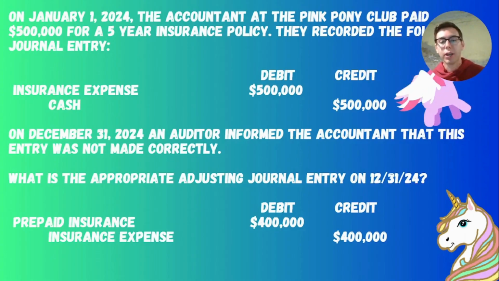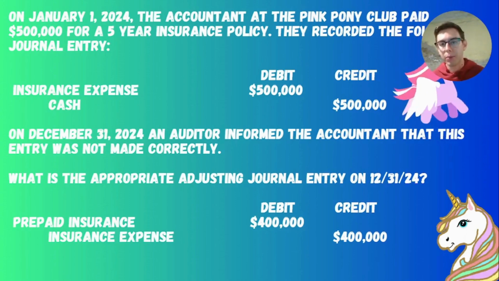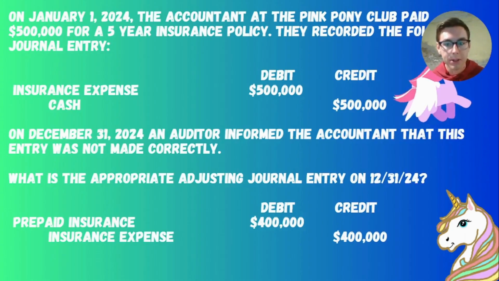So in the following years, we would see a journal entry where you debit insurance expense for $100,000 and you credit prepaid insurance by $100,000 to slowly lower that prepaid insurance account, if you will, as we're using it up and recognizing it in the period that it's being used.